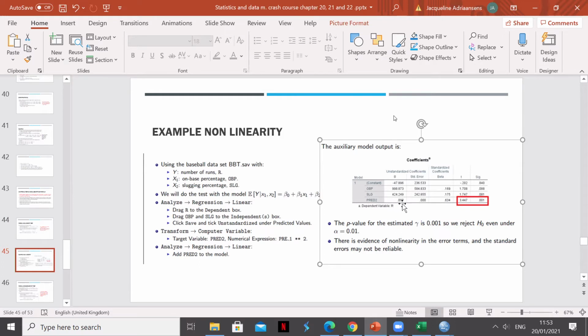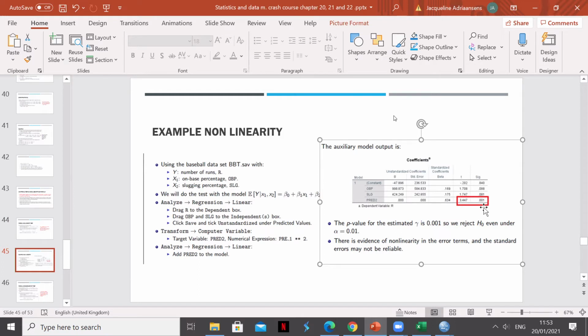So what's your coefficient? Oh, you see that it's 0.000. So that's very, very small. And if it does have influence, it only has small influence. But let's see if it does. Here you see that your t value is this. And your significance is very small.